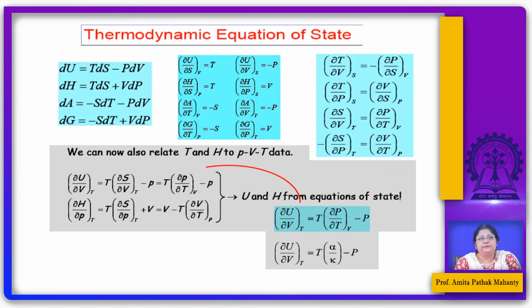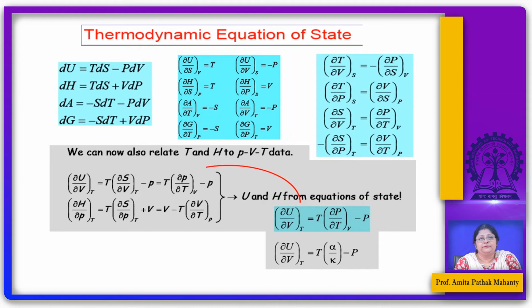All equations in terms of the thermodynamic potentials being expressed in terms of PVT is how we get the equation of state, right? So we are trying to get down to measurable PVTs. This expression we now replace with delta P with respect to T at constant volume.